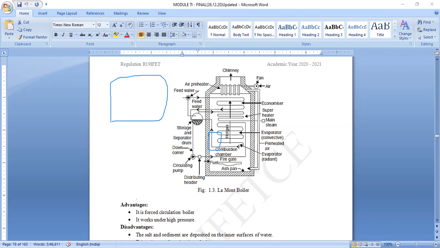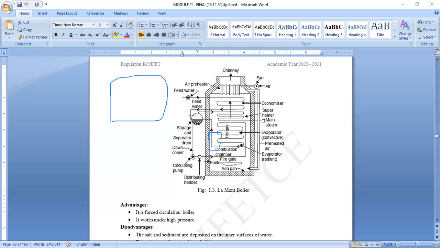Then it goes to the steam separator drum, where the steam is again separated, and the saturated dry steam alone goes to the superheater coil. The superheater coil is used to heat the dry saturated steam. The density is reduced and the quality of the steam is improved, because steam with moisture should not expand over the turbine, as it causes damage to the turbine blades.